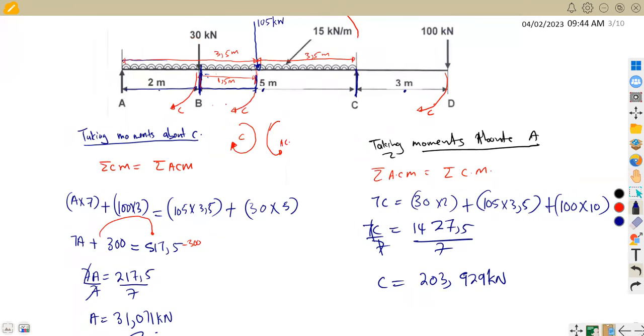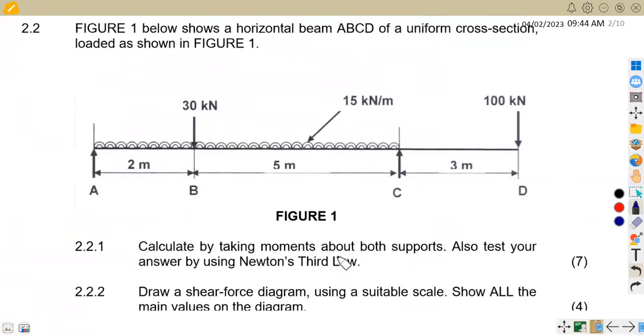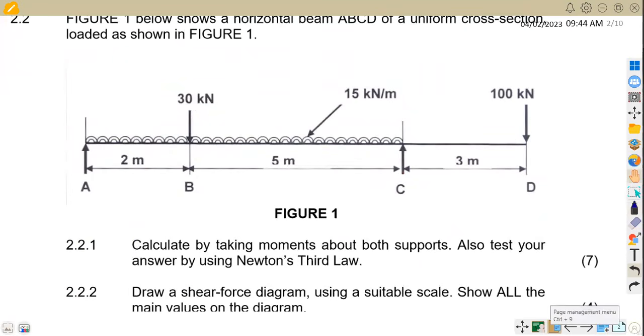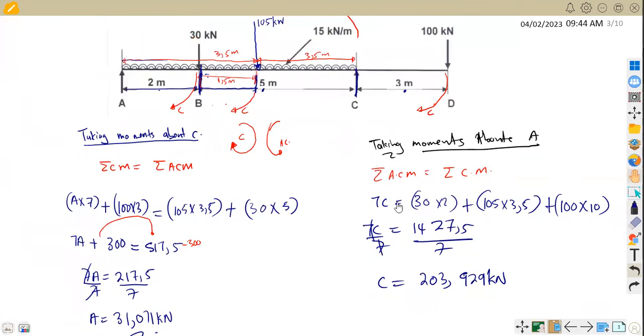To make sure that these values are correct, we are supposed to verify. That is what we are given in this case, to verify using Newton's third law, which says the sum of forces up is equal to the sum of forces going down. Let's check what we are given on our diagram. A is going up, so if we add A and C, these are our supports.